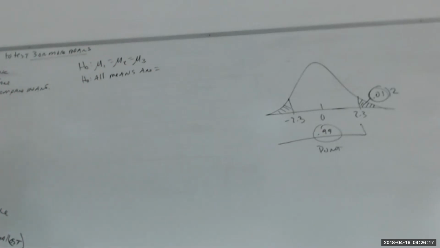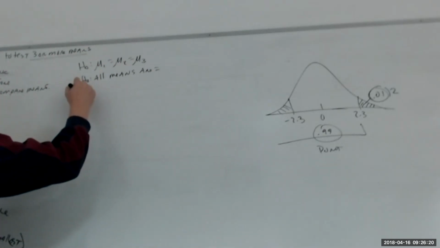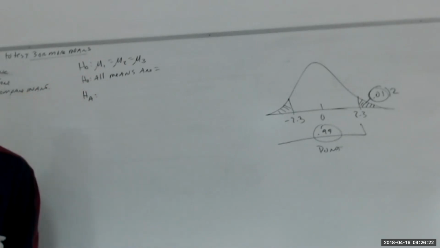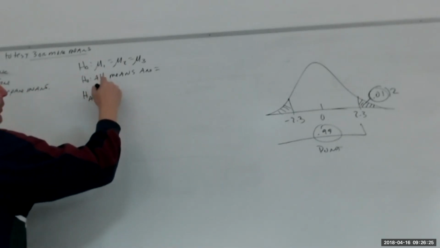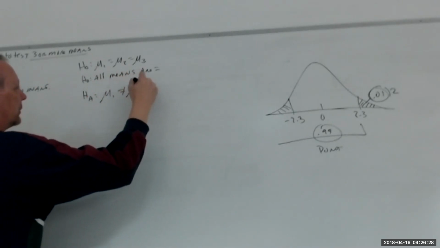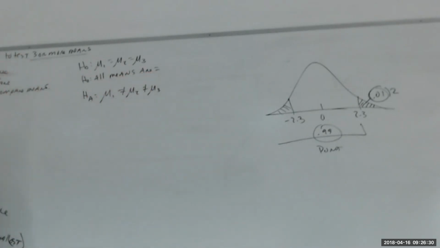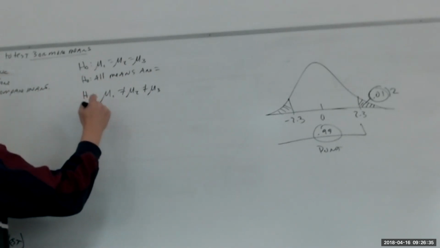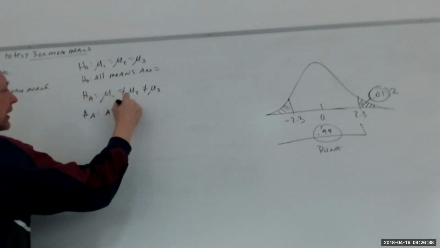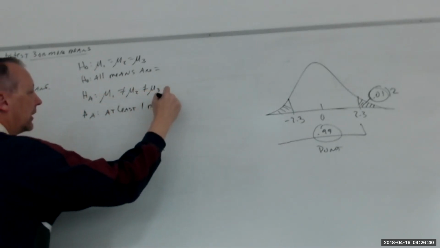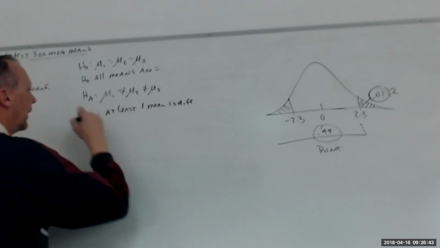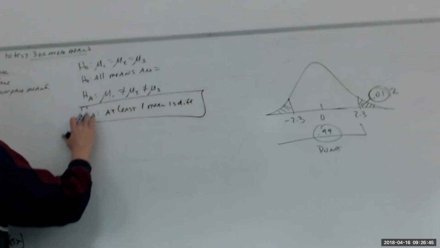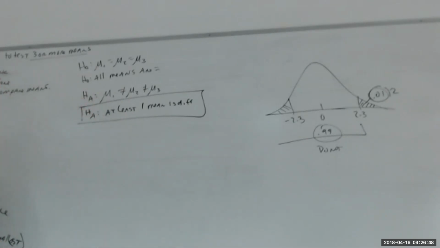Here's why. Your alternative hypothesis: a lot of students like to write that mu1 does not equal mu2, does not equal mu3, but that's not actually what I'm saying here. A better alternative hypothesis would be at least one mean is different. In this case, we're not saying that all the means are different, if I write it this way.